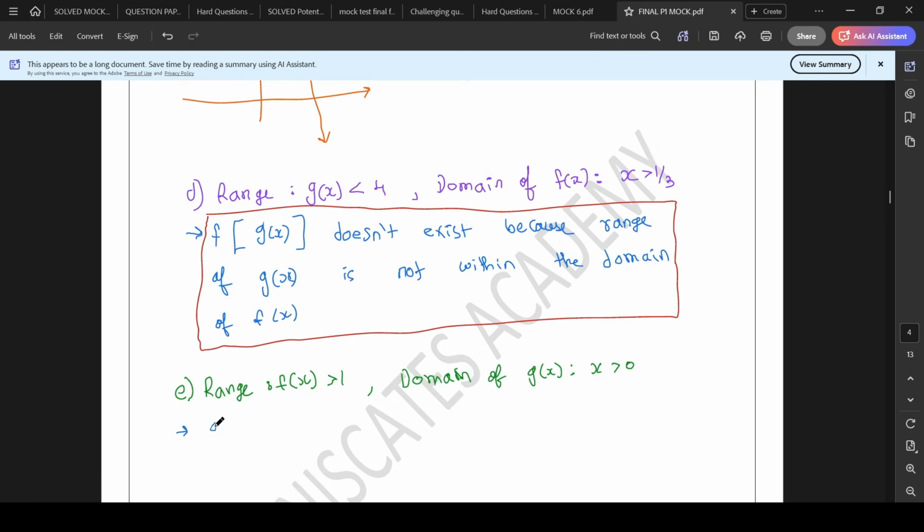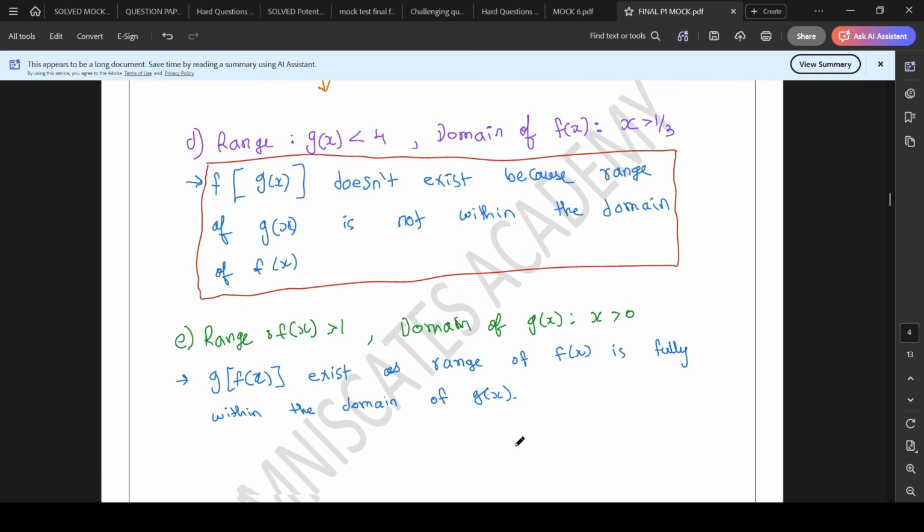So you can write a conclusion that gf(x) exists as the range of f(x) is fully within the domain of g. So this becomes the conclusion for the fifth part of this question.